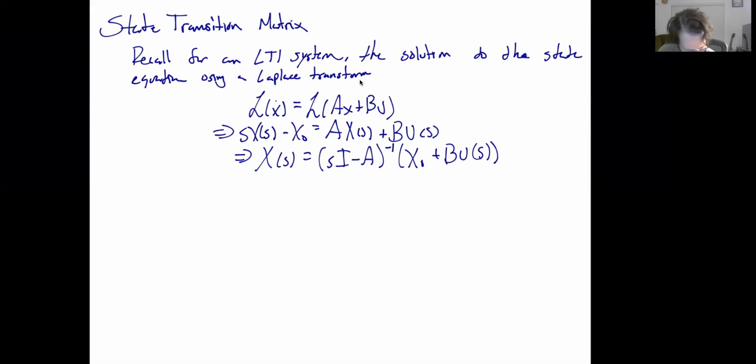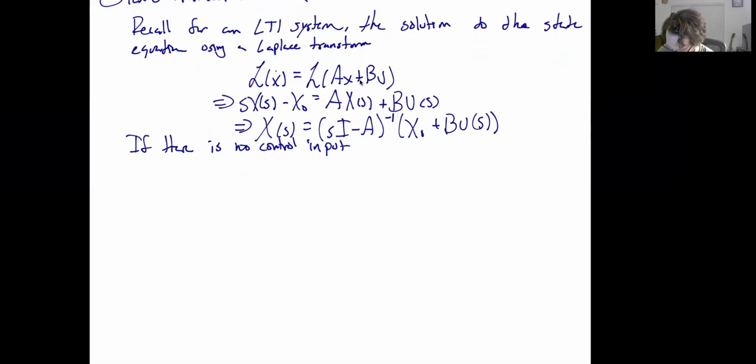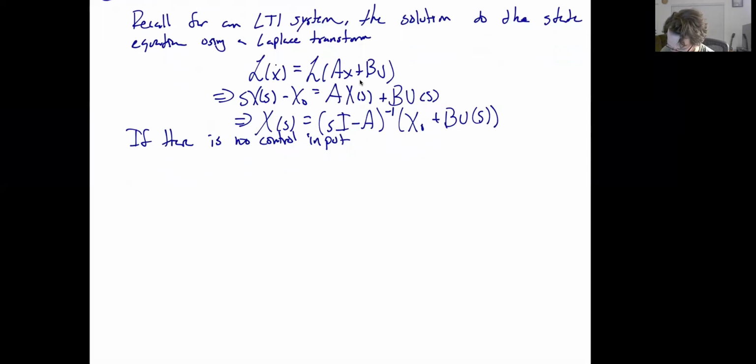Okay, so now in this case, if there is no forcing function, so no control input, then we could say that X of s is equal to, basically if we look back at this equation, if there's no forcing function U of s, then this part goes away.